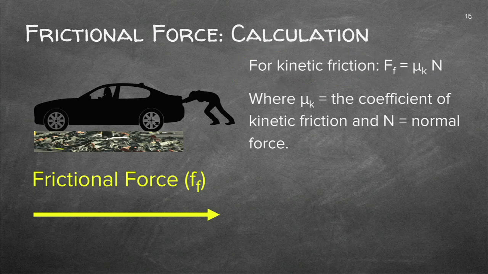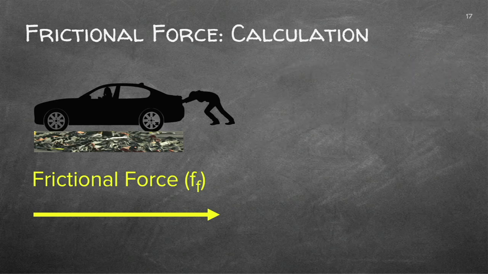And when I've got kinetic friction, the friction will be exactly the same as the coefficient of kinetic friction times the normal force. You will be provided with the two equations. You just need to apply those two equations to the situation.